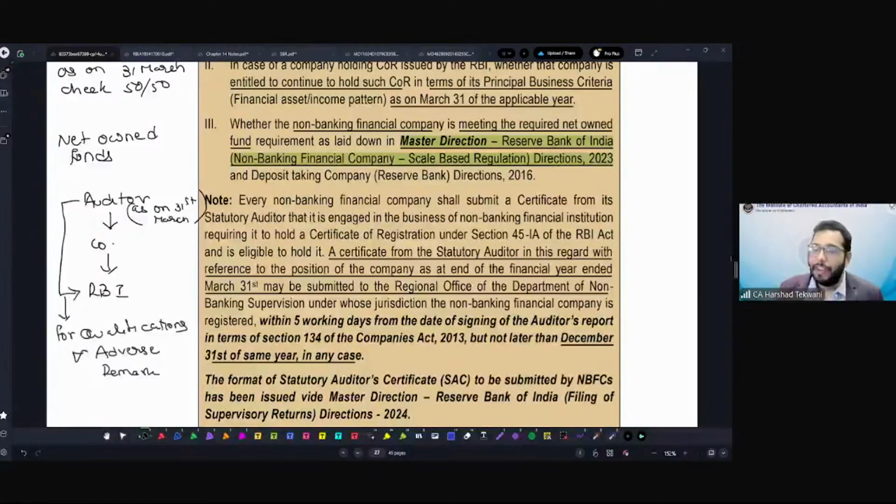Now, if you see the 50-50 principal business criteria, they have mostly financial assets, not even 100% is a financial asset, and their income is also from those financial assets. So the 50-50 criteria is being met. They are a specific class of NBFC, a special type of NBFC which is not governed by RBI but by SEBI.